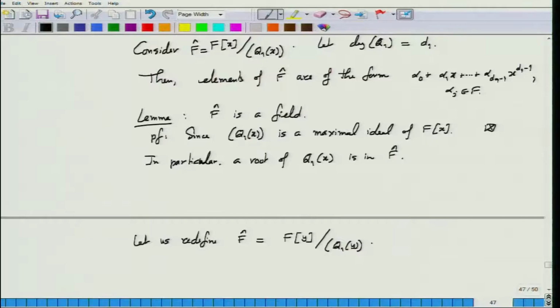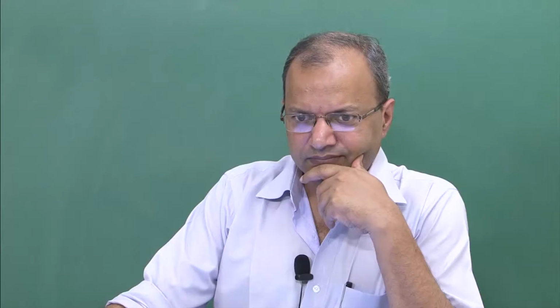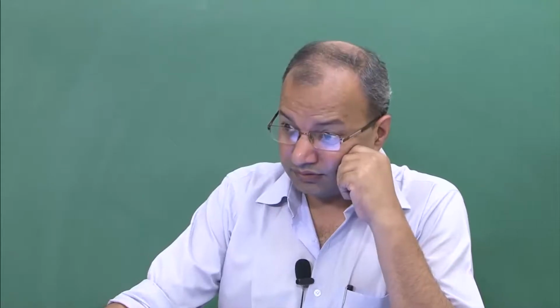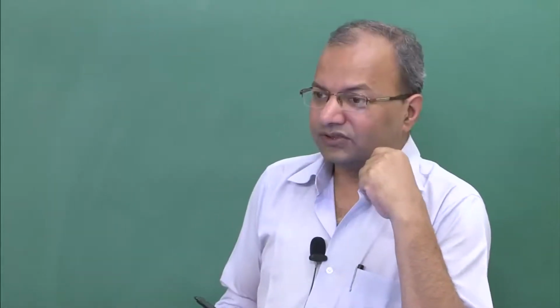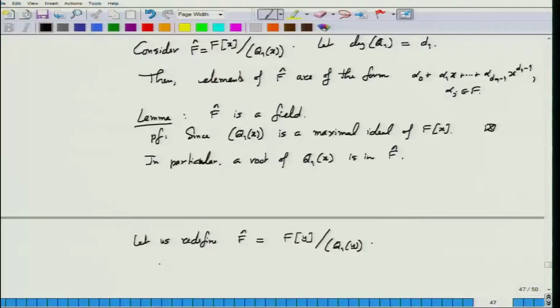The only thing that has happened is that instead of variable x, I am using variable y. So the same field in the sense that this field is isomorphic to the field that I earlier defined. Fine. Now I ask, what is a root of Q1(x) in F hat?